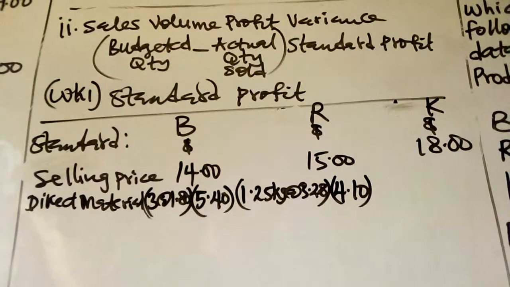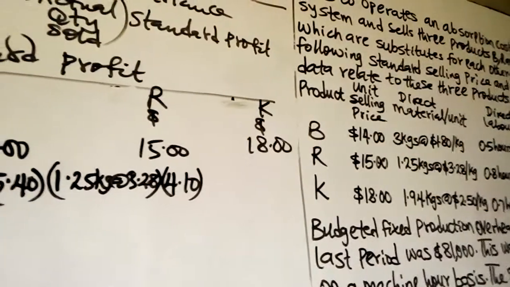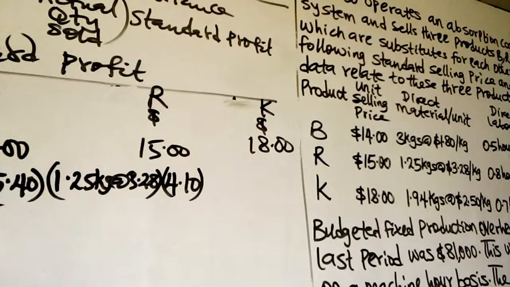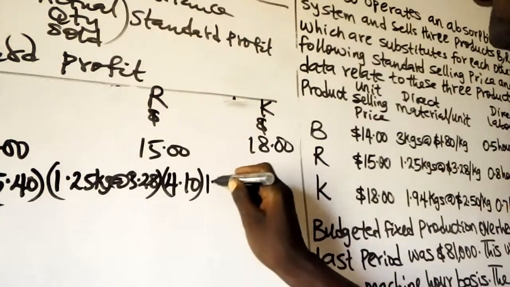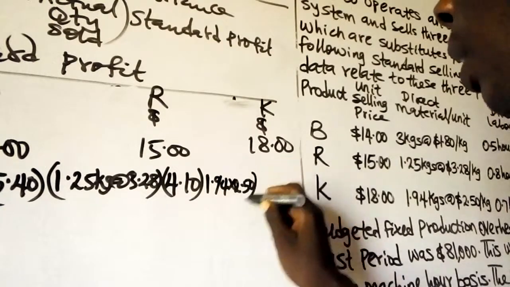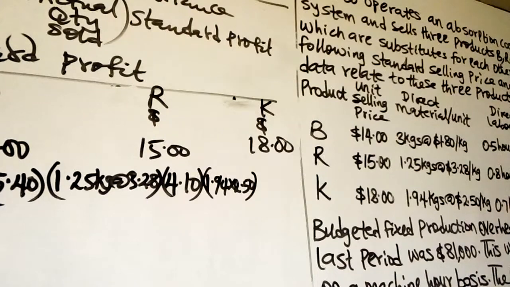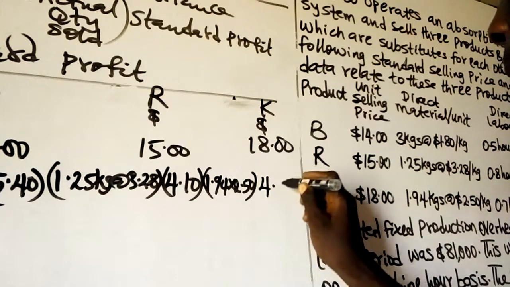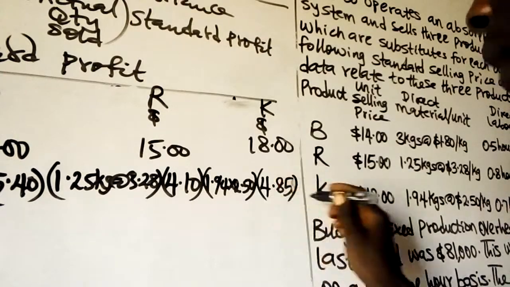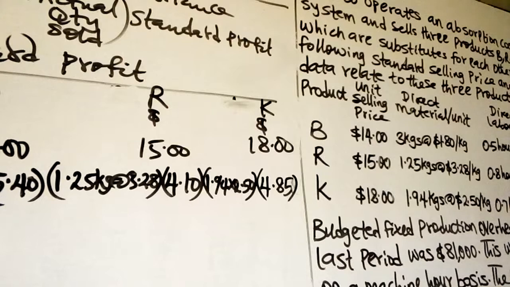For K, you have 1.94 at 2.50. So 1.94 times 2.50 gives us $4.85. That is direct material.